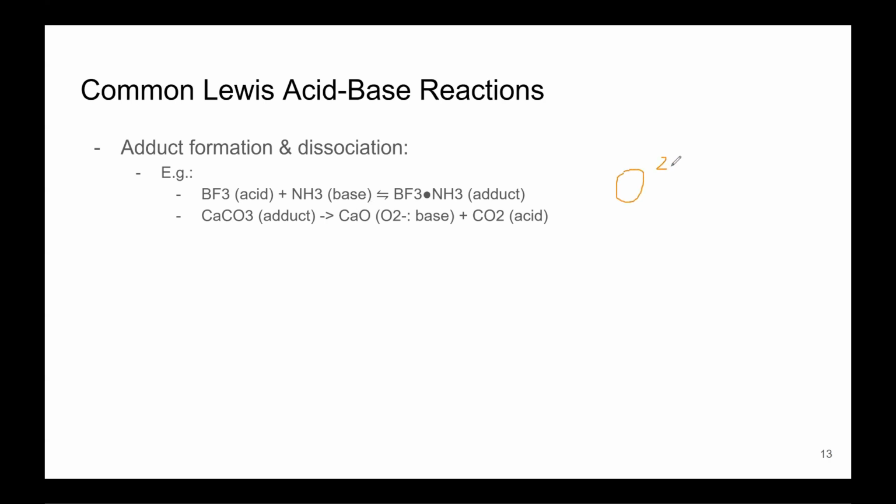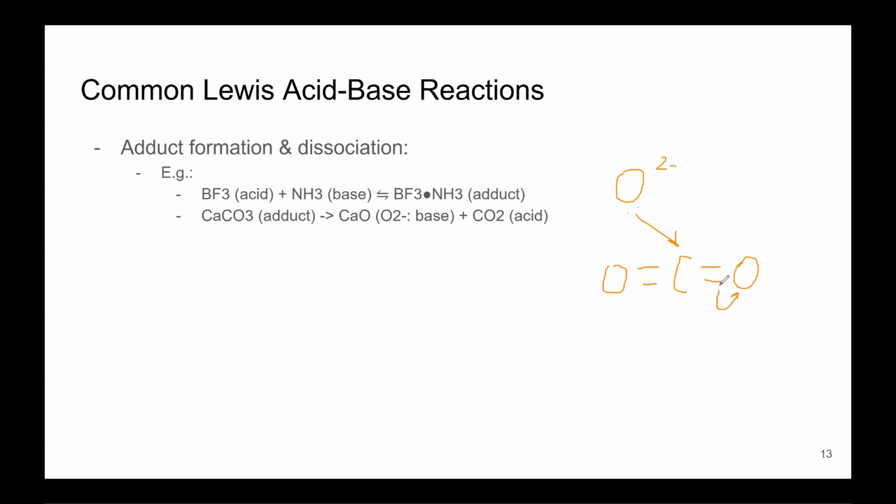So here you have an O2 minus ion, and it has many, many lone pairs, okay? And then you have your CO2. So that's your carbon dioxide, and this lone pair can datively bond to this carbon.